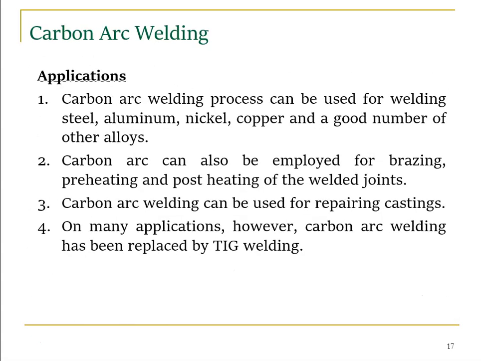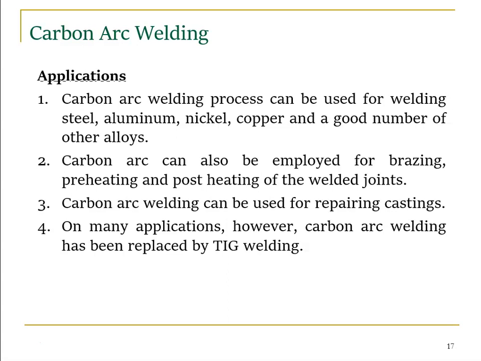Now the applications. The carbon arc welding process can be used for welding steel, aluminium, nickel, copper and a good number of other alloys, so we can weld a variety of materials. The second one: carbon arc can also be employed for brazing, preheating and post heating of the welded joint. The third: carbon arc welding can be used for repairing castings.